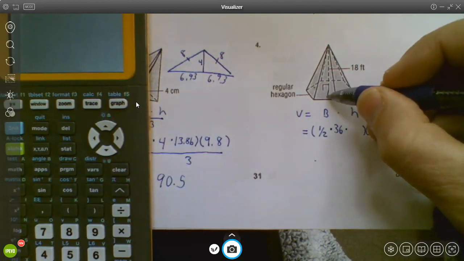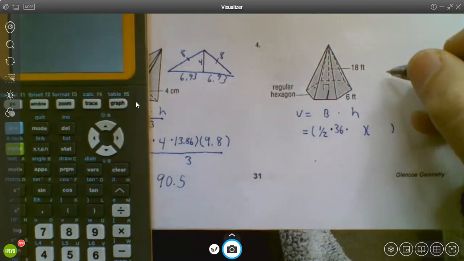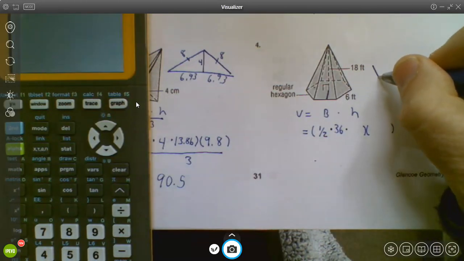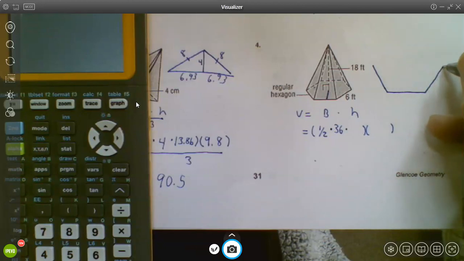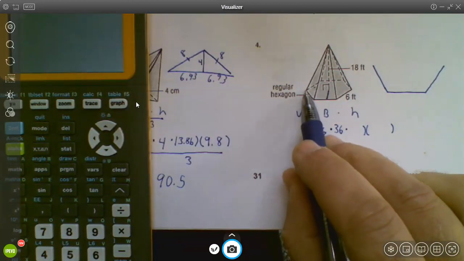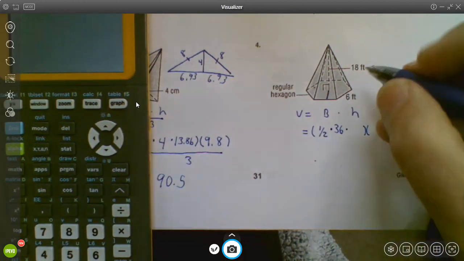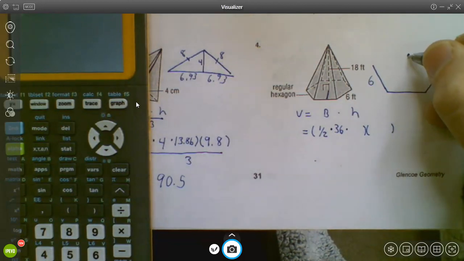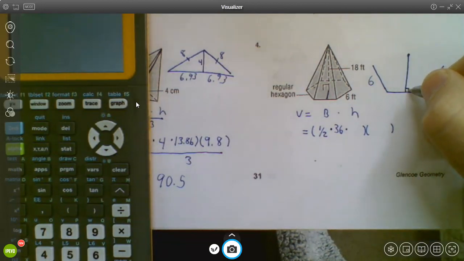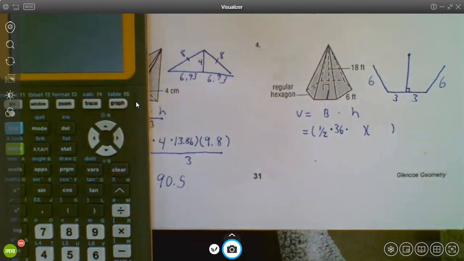Remember, the apothem is this right here. That's our apothem. So like what I did in an earlier chapter, I'm going to separate out this hexagon, at least part of it. All right, here's the bottom half. So 6 by 6 by 6, that's this guy. These sides are all 6. Naturally, when you draw in the apothem, it cuts your base in half, so these become 3s.